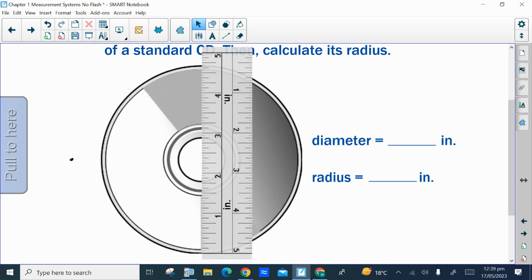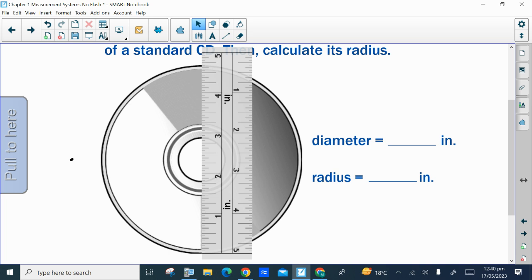That's normally the smallest increment that is used for measuring on an imperial ruler or a measuring tape. But to know for sure, you have to physically count how many increments are there between, let's say, 0 and 1 inch. So if we do it, it's 1, 2, 3, 4, 5, 6, 7, 8, 9, 10, 11, 12, 13, 14, 15, 16. Each increment is a 16th of an inch.